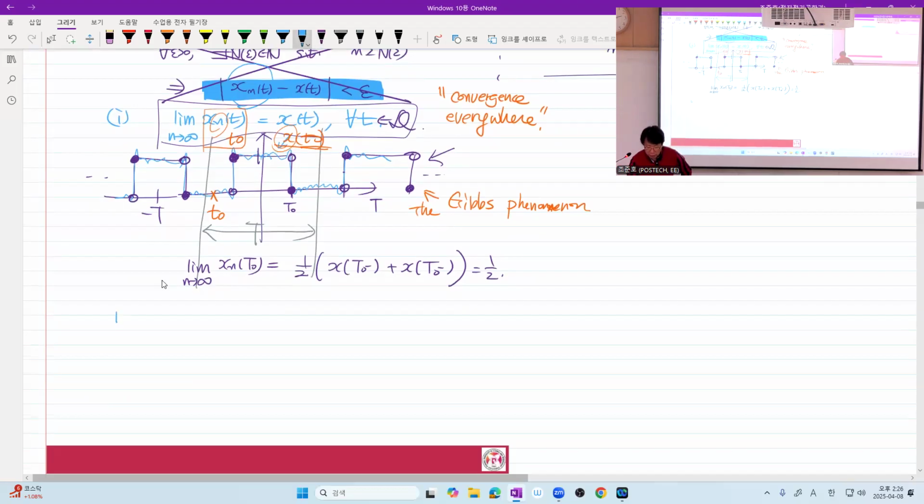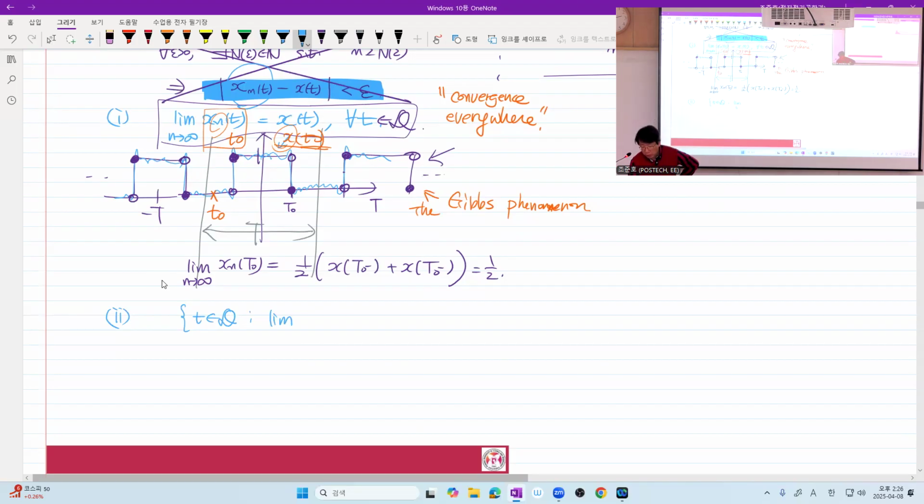Hey, okay, so let me think about a set of points. So t in the domain. I'm assuming the signal, each element and the limit function, has the same domain for convenience.